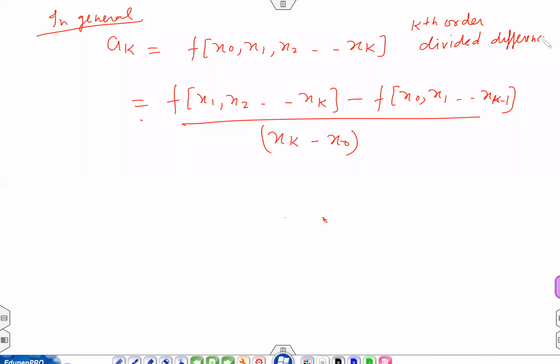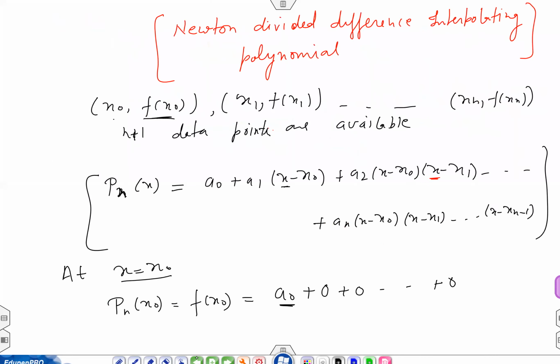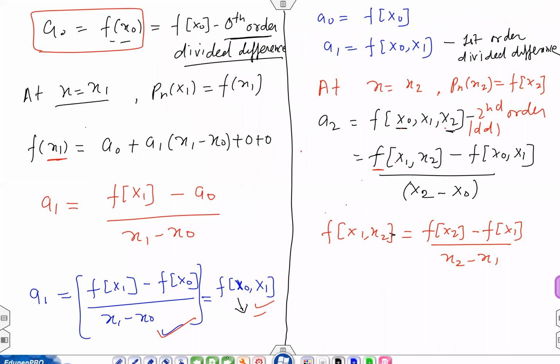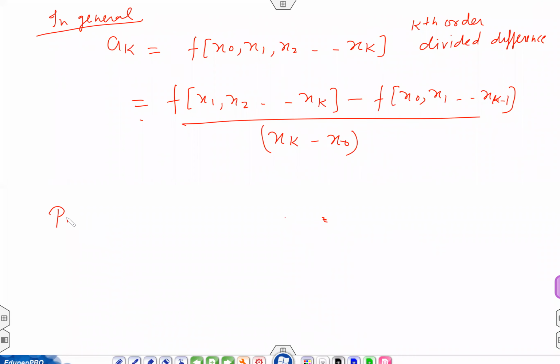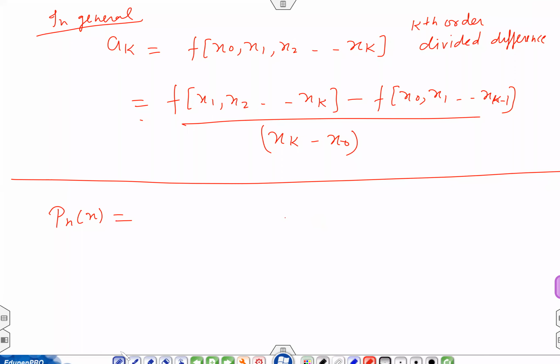Okay, now after computing all these values, we can put all these values a0, a1, a2, an into the polynomial. So what we are getting here is Pn(x) as the sum, where I should write here that k equals 0. Now Pn(x) is what?